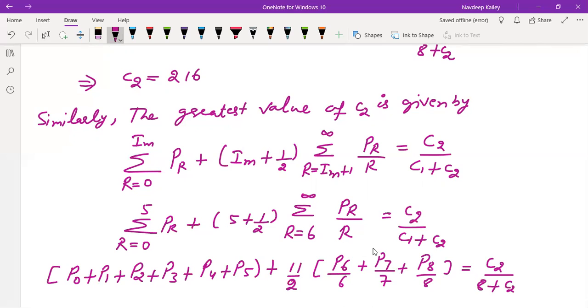We will take the summation up to 8 because the range of monthly sales varies from 0 to 8. Now we have all the values of probability.